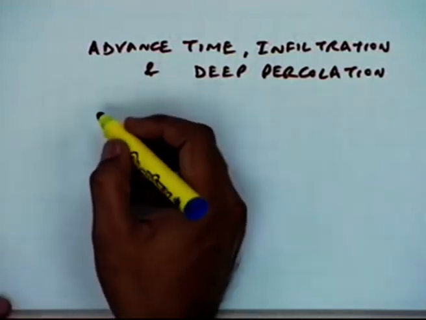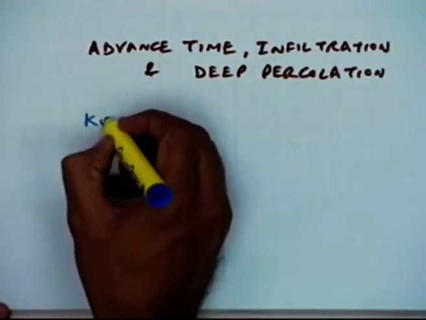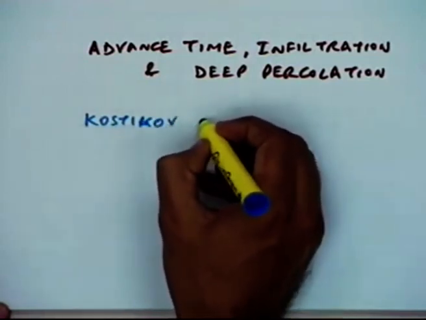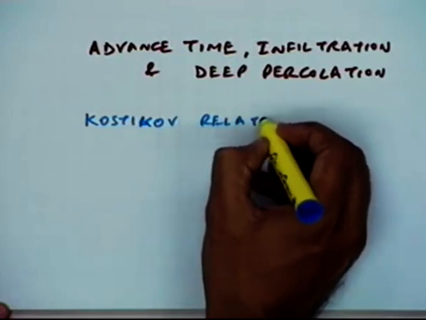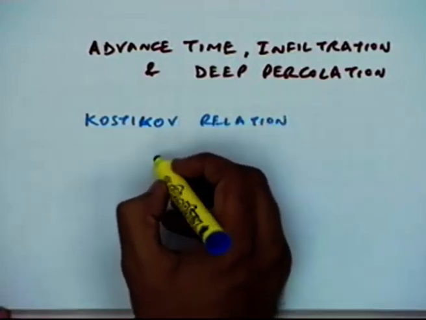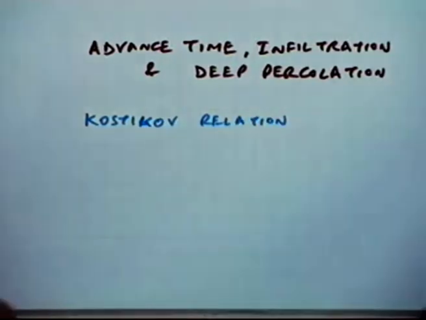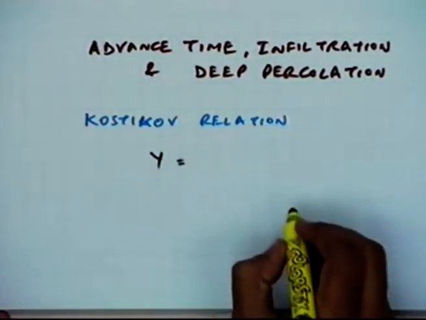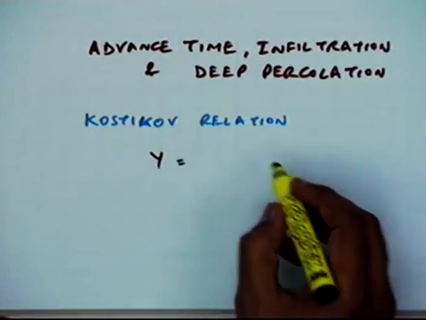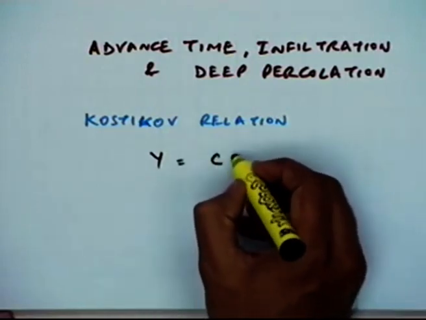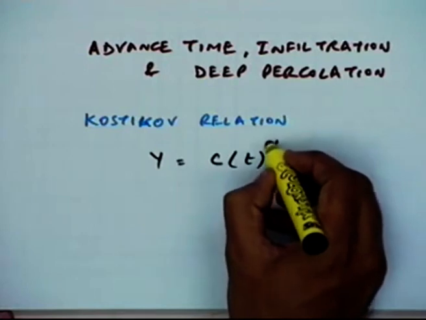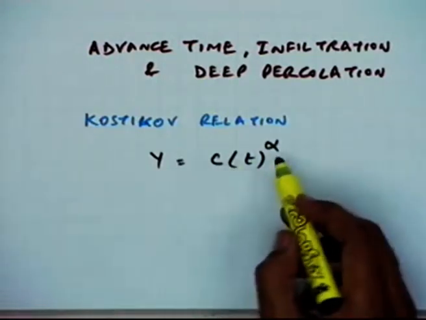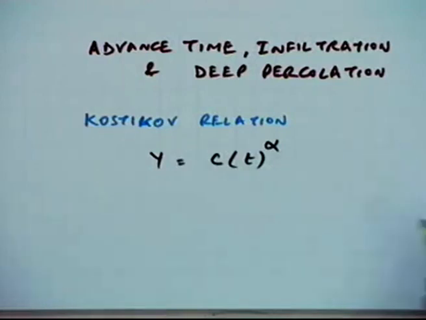Let's take the Kostyakov relationship, which we had defined earlier, and this gives the infiltration depth, the accumulated infiltration depth with respect to the opportunity time and these two parameters which we had defined.